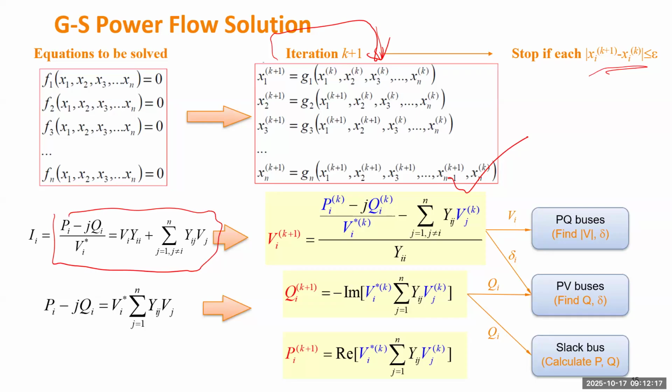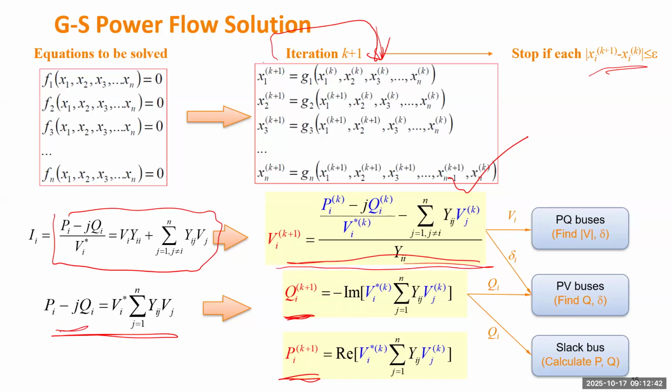For power flow equations, we have this equation, but depending on which one is to be solved, we can transform the equation to this first one. The first one will be useful to calculate the voltage phasor at each bus. We can also rewrite the equation to make the left-hand side have P and Q. You can use this equation to calculate Q in the imaginary part and P in the real part.